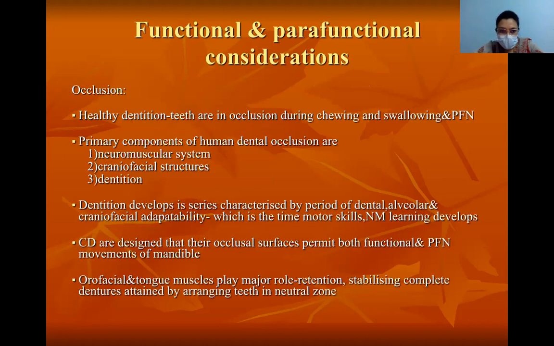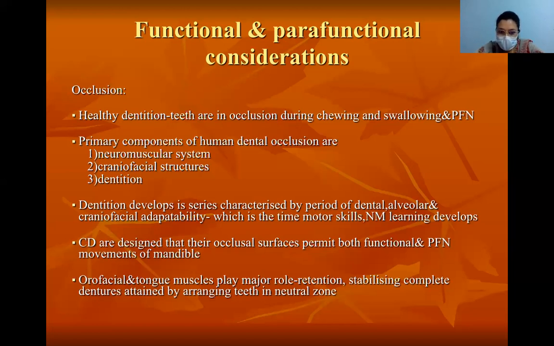Functional and parafunctional considerations would mainly include your occlusion. Now, in healthy dentition, teeth are in occlusion during chewing, swallowing and parafunction. The primary components of the human dental occlusion are your neuromuscular system, the craniofacial structures, and the dentition. This you all know.